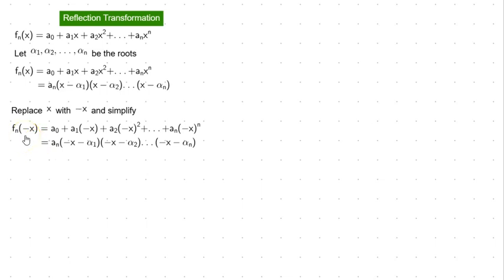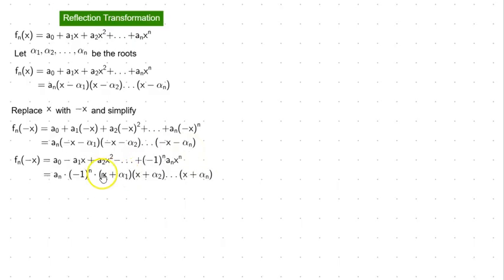So let's substitute. f sub n of minus x is equal to a sub naught plus a sub 1 times minus x plus a sub 2 times minus x square and so on, which is equal to a sub n times (minus x minus alpha 1) times (minus x minus alpha 2) and so on up to (minus x minus alpha n). Let's simplify.